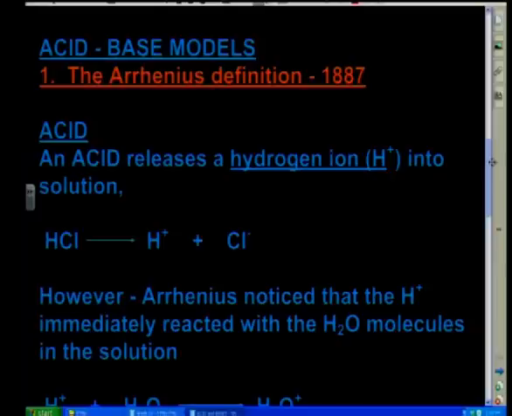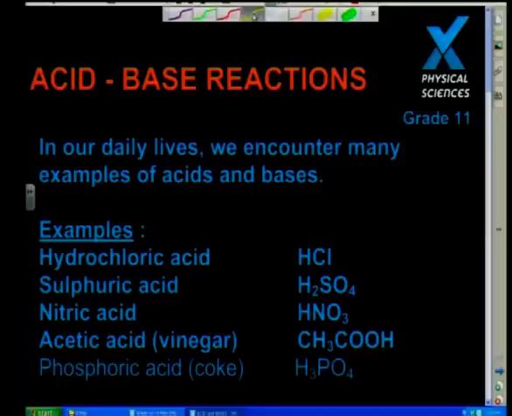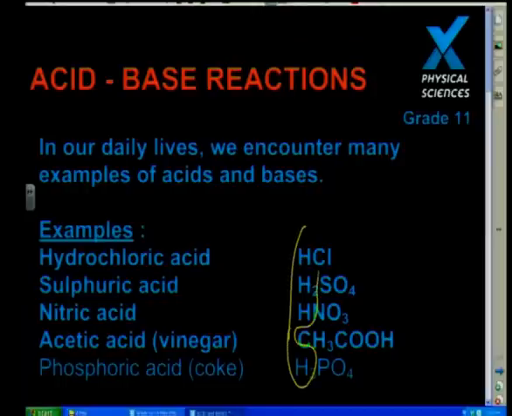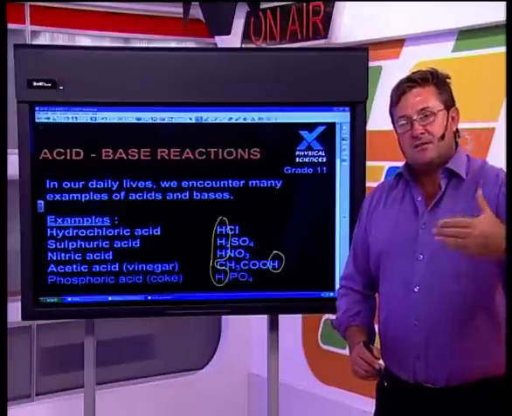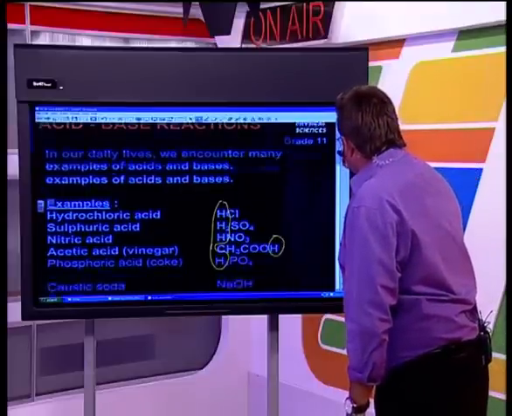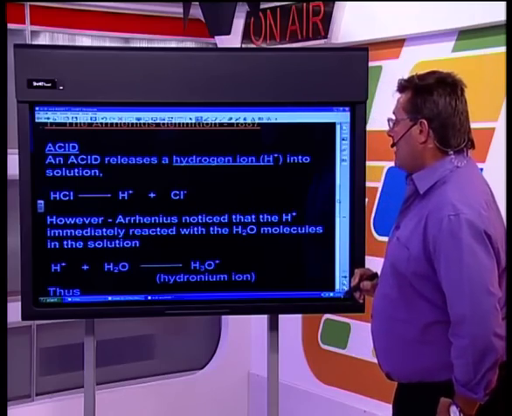So when we go back up and see if you were correct, can you see that with our acids we seem to have a lot of hydrogens? I'm just going to circle those, and a hydrogen over there. A common element seems to run through the formulas: the presence of hydrogen. That's what Arrhenius jumped onto, and he said an acid will release a hydrogen ion into solution.